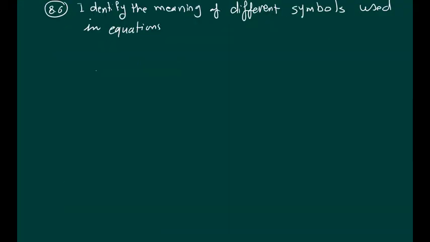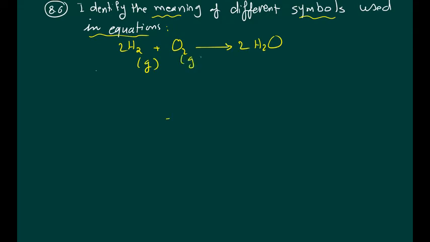KPI 8.6 shows the meaning of different symbols that are used when you write a chemical equation. In the previous equation, we wrote hydrogen plus oxygen to give water. Here, hydrogen is a gas, so it's represented by G. Water, if it's produced in the form of steam, you should write G because it will be in the gas form.